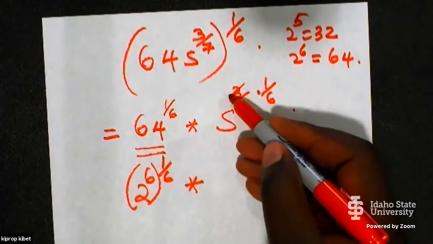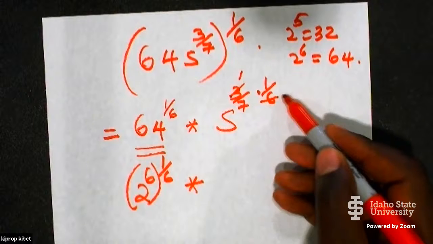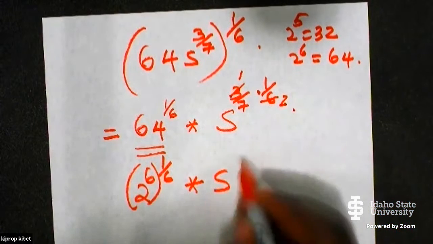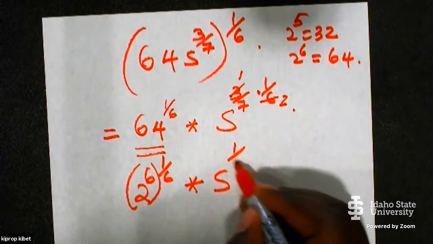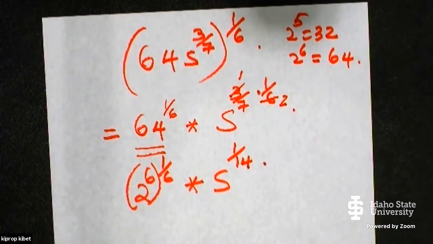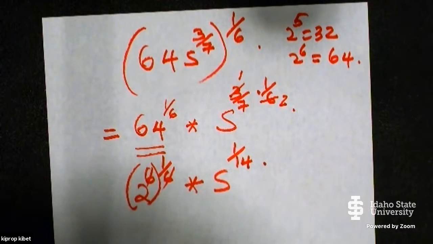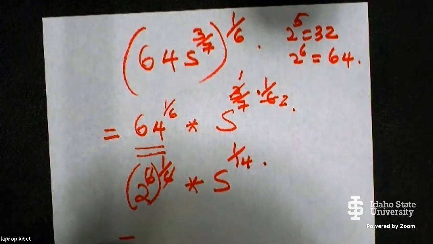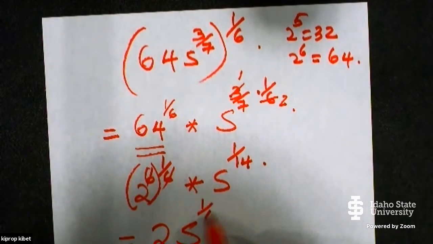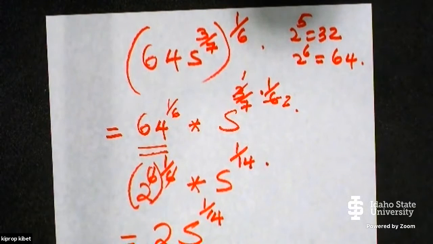So we can cancel that, we get 1. We cancel this, we get 1, 2. So s raised to 1 over 14. Finally, when you simplify, that and that will cancel. So our answer will finally be 2s raised to 1 over 14.